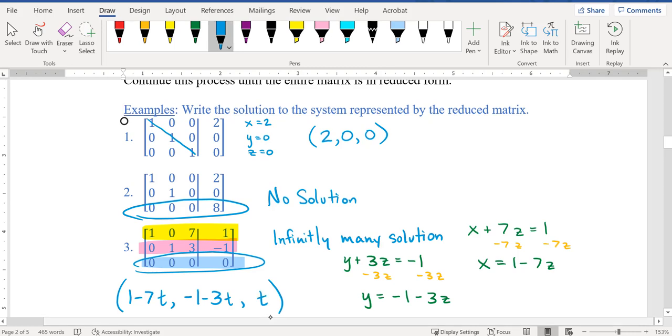So the z variable can be anything, but the x and the y depend on what that z variable is. So if you let z be t, then x is going to be 1 minus 7t, and y is going to be negative 1 minus 3t.